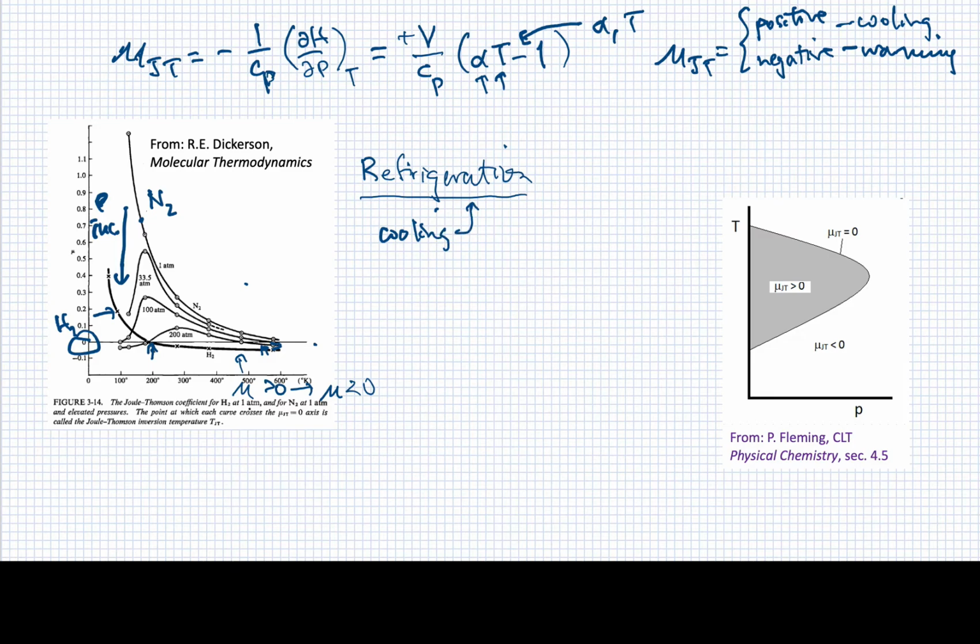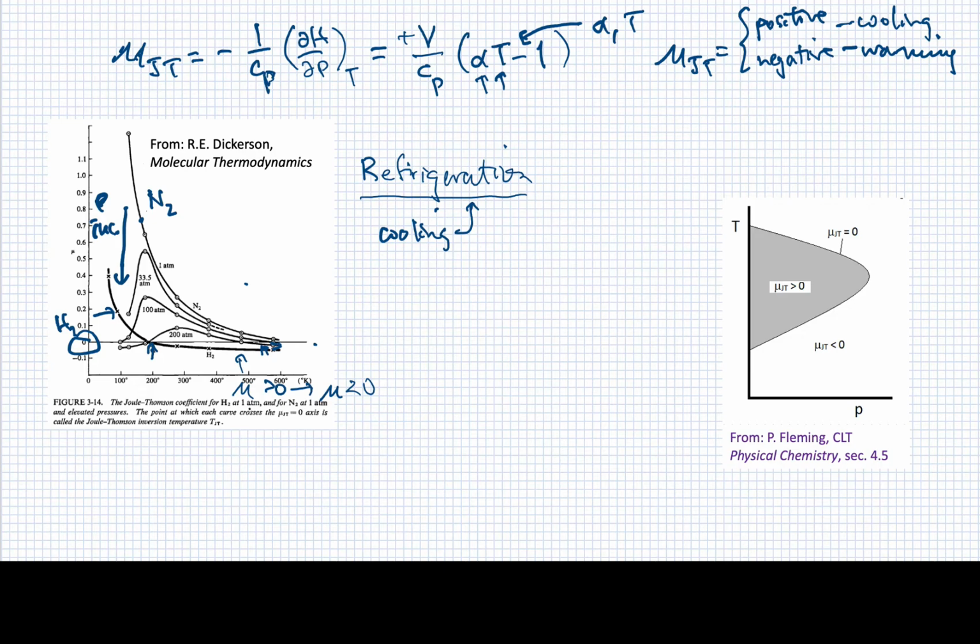And we find that particular kinds of gases, particularly halogenated hydrocarbons, work really well with this because they don't have the properties that would cause them, like hydrogen, to warm. They have a relatively high Joule-Thomson temperature.